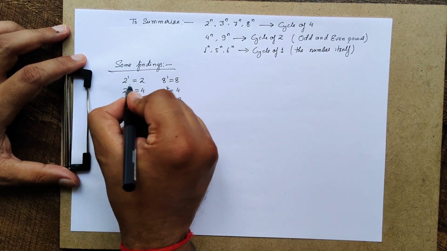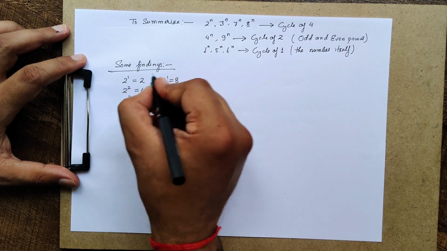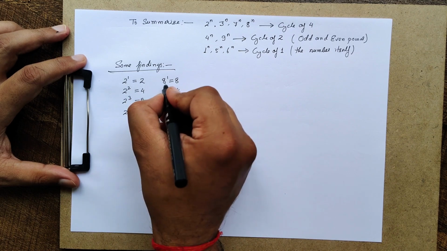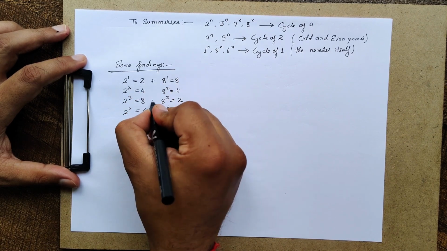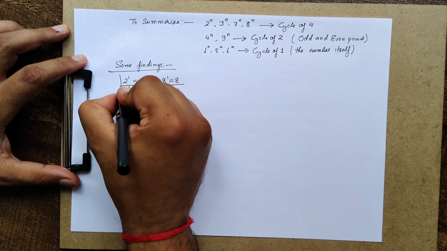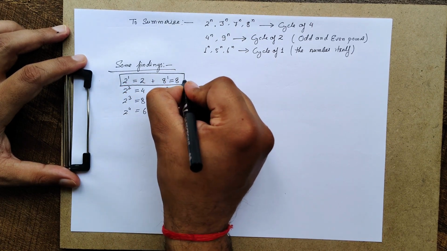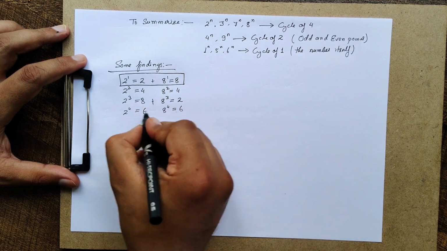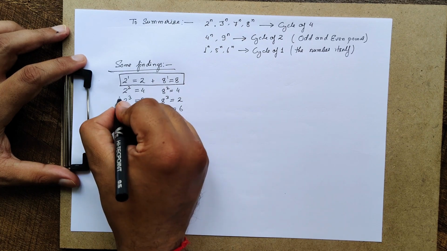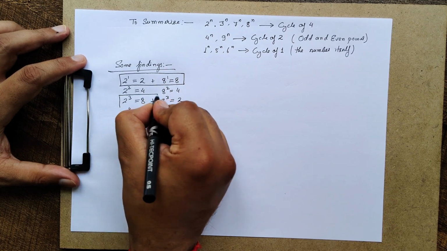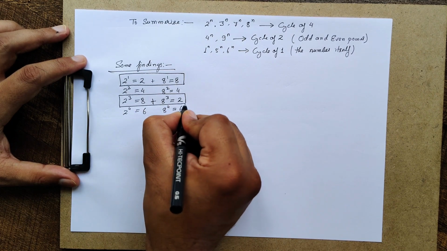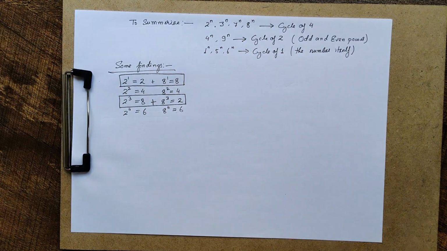Now see here, if we add 2 to the power 1 and 8 to the power 1, we get 10, right? That means the unit place is 0. Similarly, if we add 2 to the power 3 and 8 to the power 3, we get the summation value as 10, which means the unit place is 0, right?